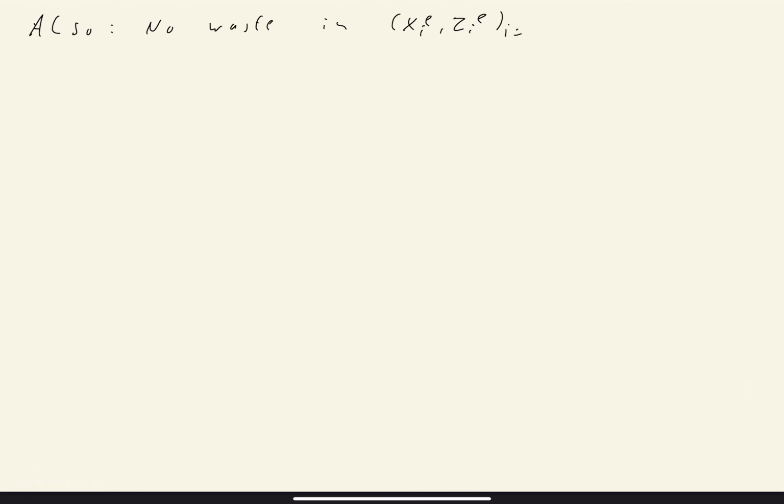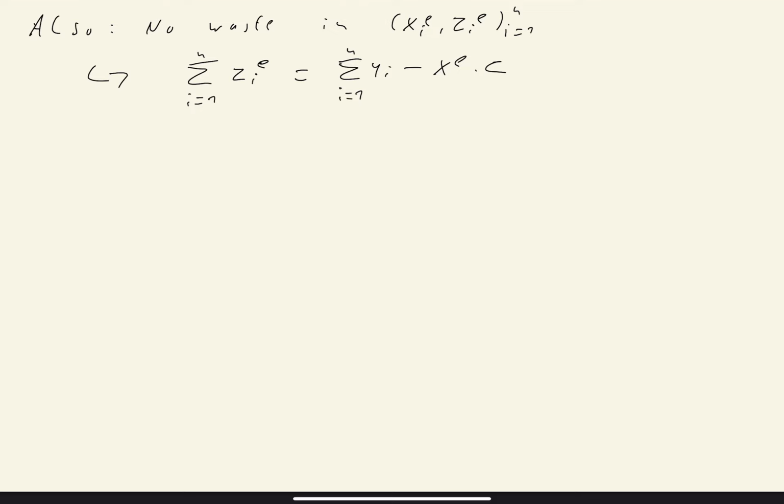So we also do not have waste in this allocation because it fulfills the conditions in proposition 1. So this means, again, the sum of consumption of the private good is equal to the sum of endowments minus the production costs of the public good.